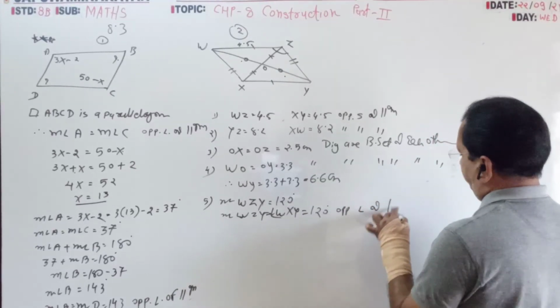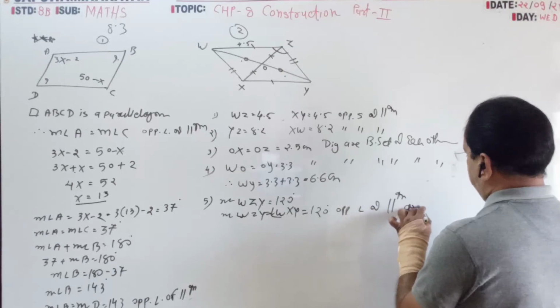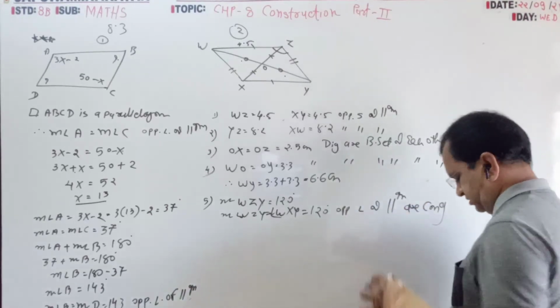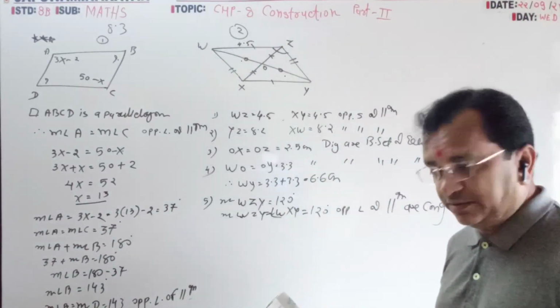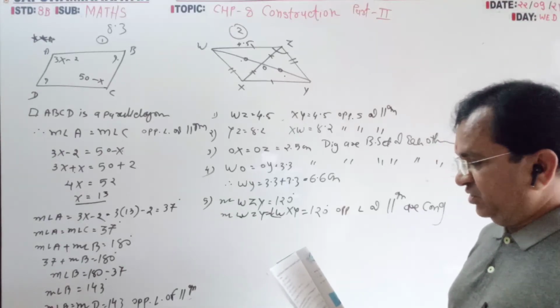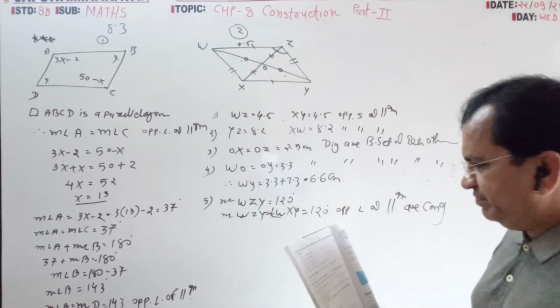Opposite angles of a parallelogram are congruent. Okay, now this much are the questions from 2.